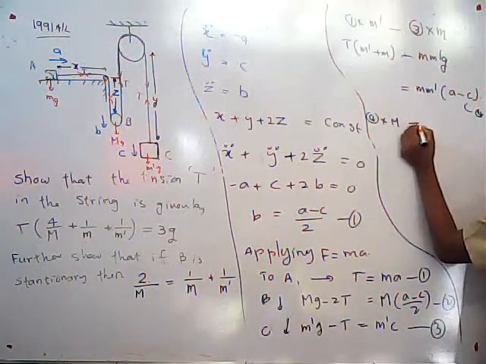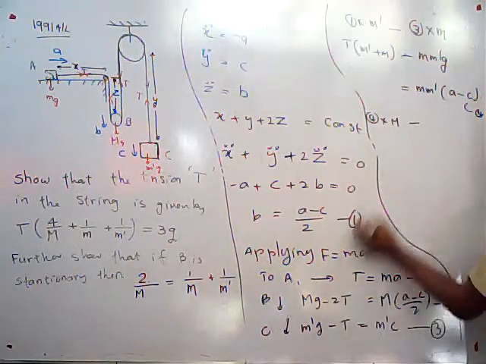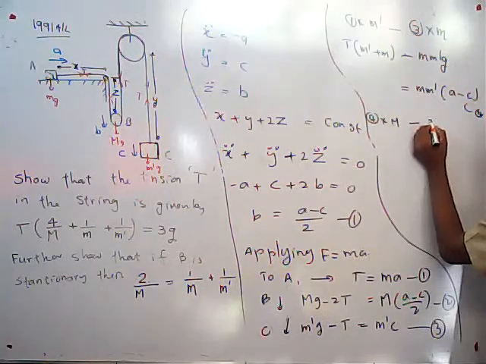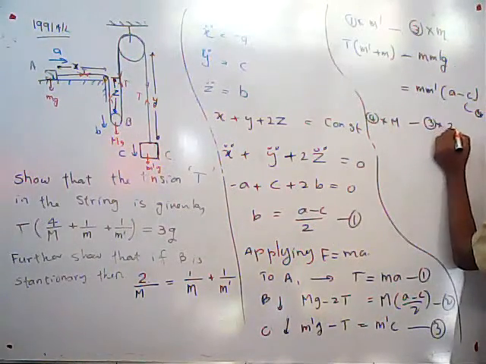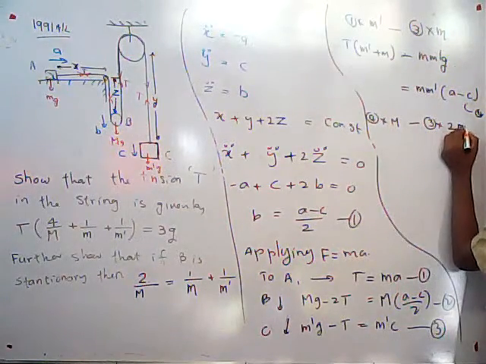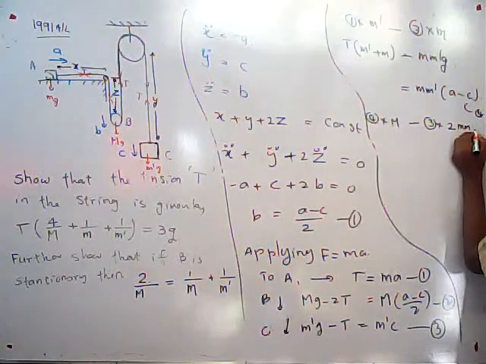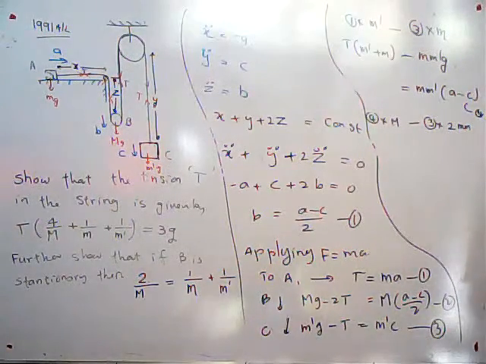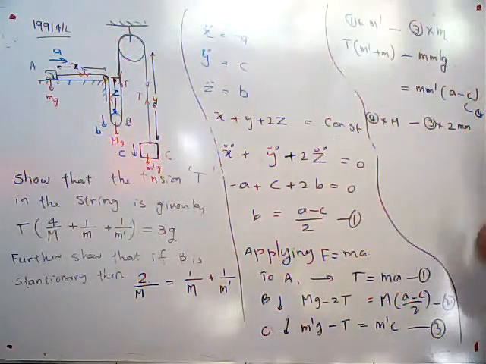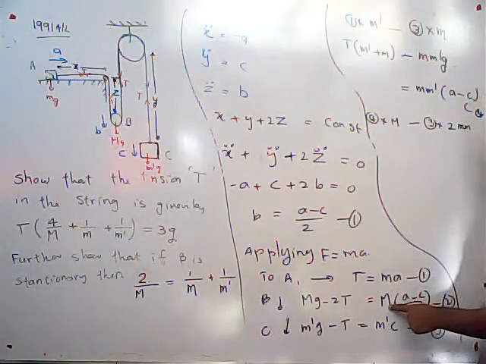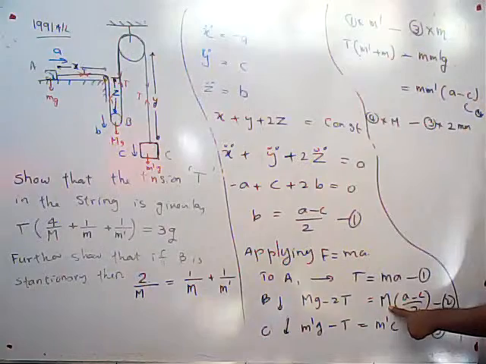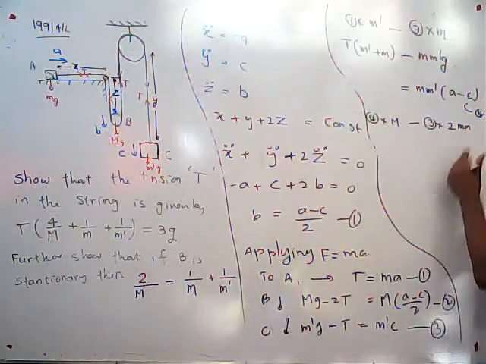This by capital M minus this into 2m dash.